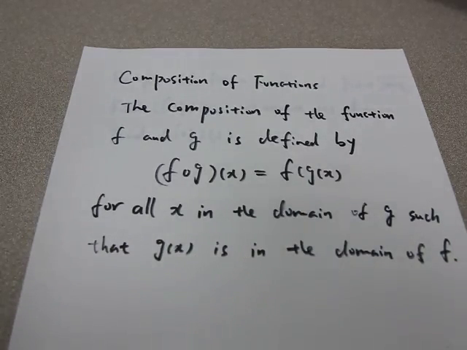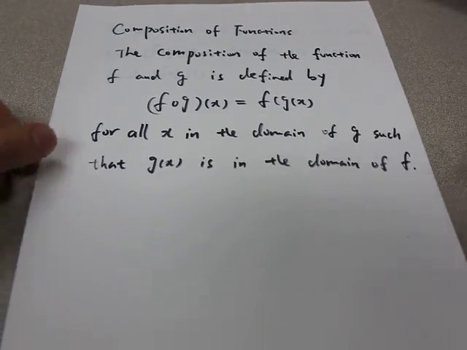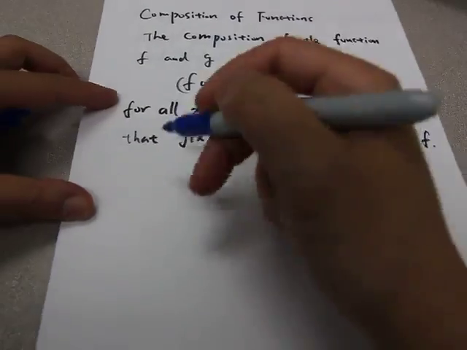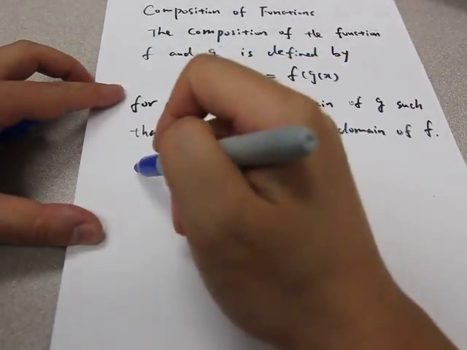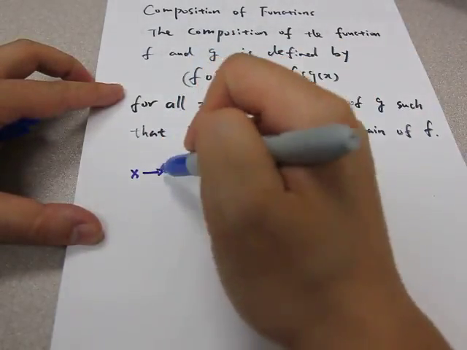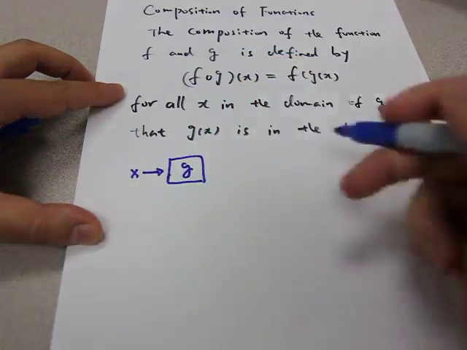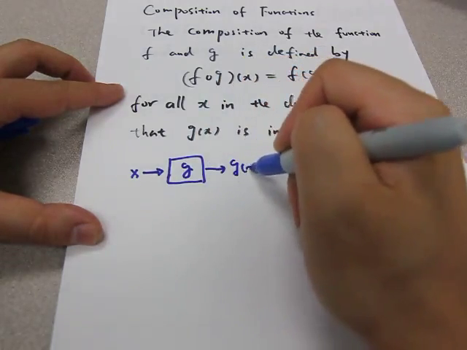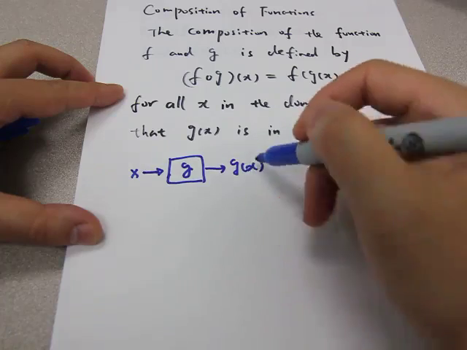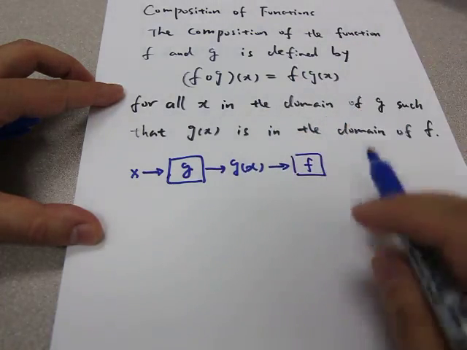Now, this may be a little bit confusing, so let me use this graph to show you how to understand the definition of the composition of functions. Here we have x, which is our input, and if we use x as input of the function g, we're going to generate a number g(x), and then we use this number as a new input, as input of the function f.